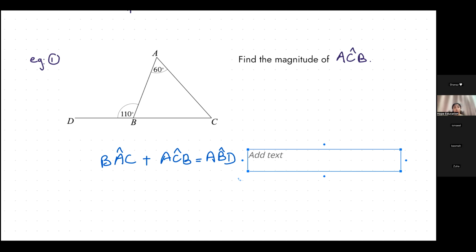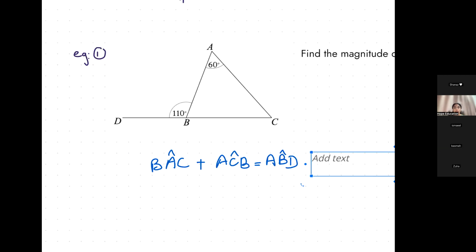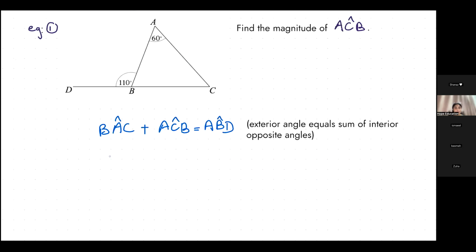Okay, so let's see. BAC value I already know, it is 60 degrees. ACB I don't know. ABD is 110 degrees. So ACB means 110, and this 60, I bring to the other side, it becomes minus 60.